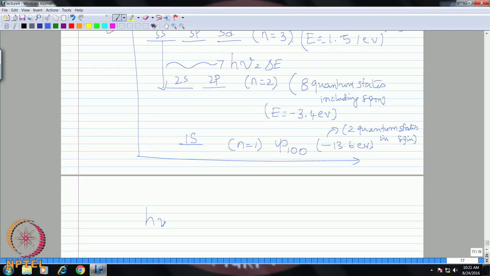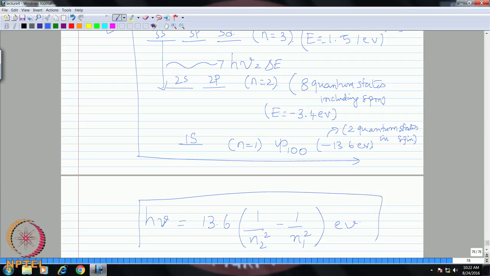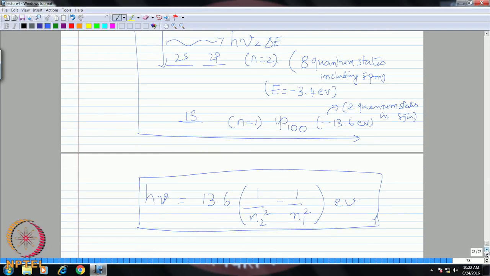So, in general the emission of a photon can happen with energy 13.6 times (1 by n1 squared minus 1 by n2 squared) electron volts. Therefore, you can calculate the frequency or wavelength of the photon emitted, depending on which state the electron is coming down from and to. Okay.